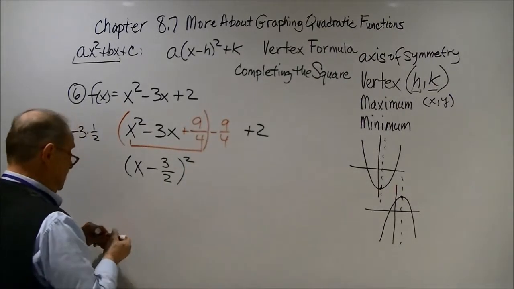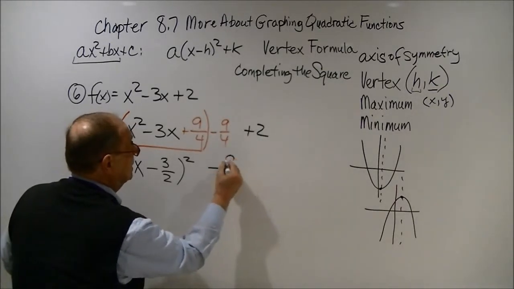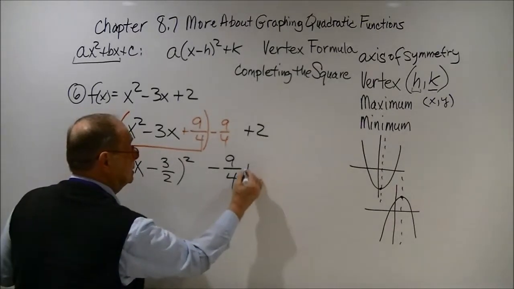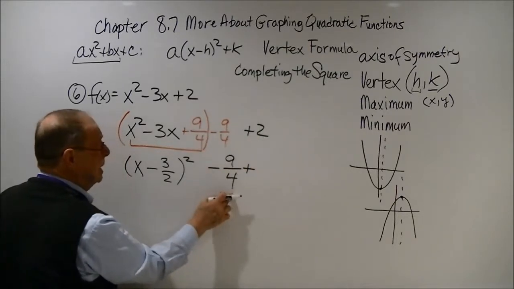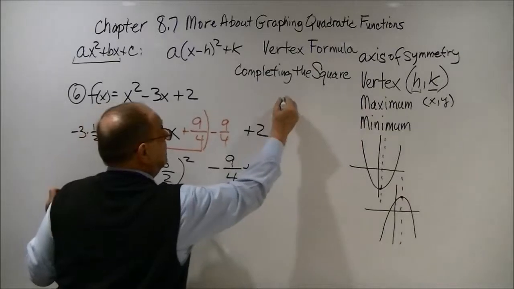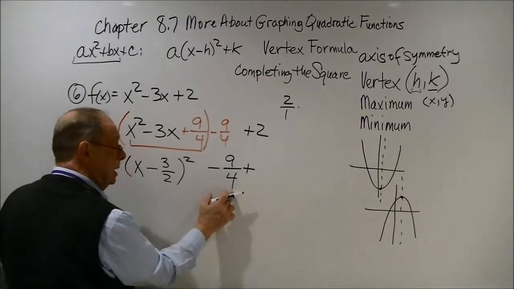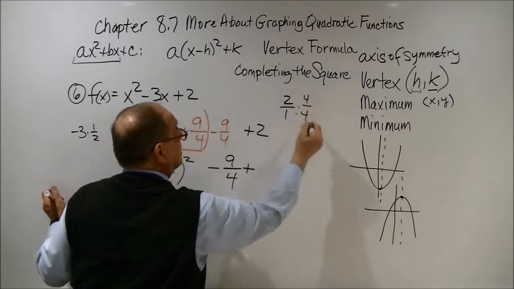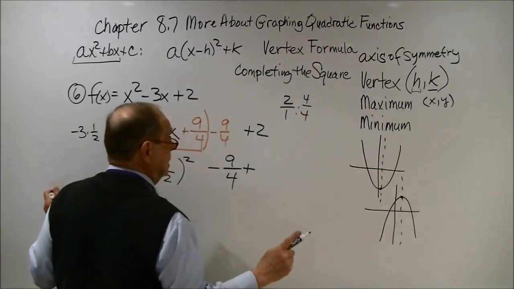So this is going to be a negative 9/4 plus, now I can't add the 2 to it yet because it doesn't have the same denominator. So I'm going to take that 2/1 to make it a denominator with 4. Multiply that by 4, multiply that by 4. 4/4 is 1.